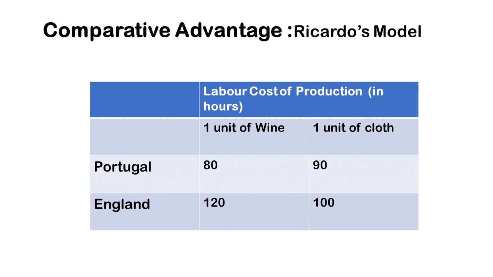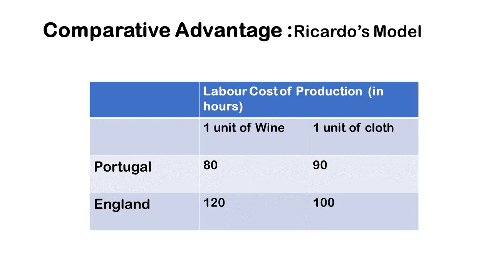Similarly, if England is producing and consuming in isolation from the rest of the world, it has to use 120 units of labor for producing 1 unit of wine and 100 units of labor to produce 1 unit of cloth.